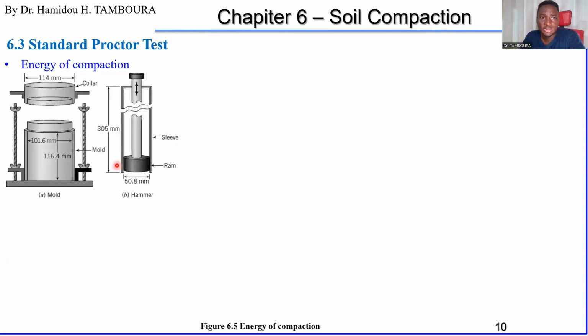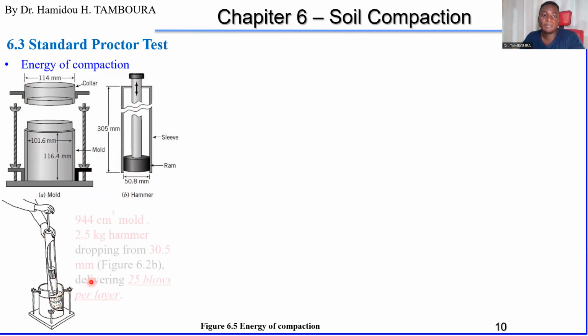So this is the mold we are using, right? We know the volume, we know the height from which this hammer will drop, and we know that there are 3 layers, 1, 2, 3 layers. And we know that the volume of the mold is 944 cubic centimeter, about that. Okay.